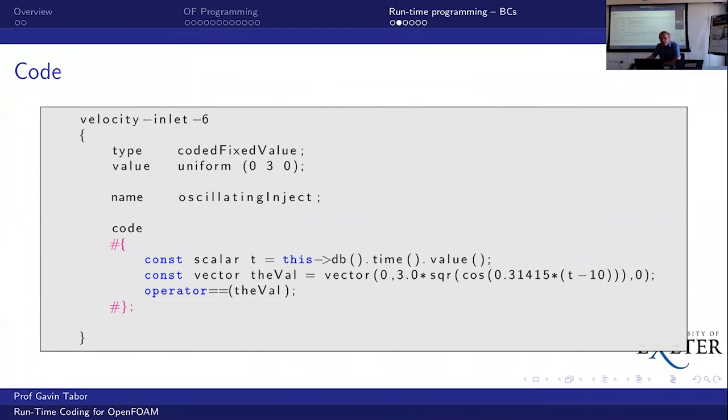Because if the boundary condition type is a coded fixed value, yep. Is the fixed here fixed in space? The fixed value simply means you are specifying the velocity as against specifying the gradient, basically. So it doesn't have to be spatially constant.